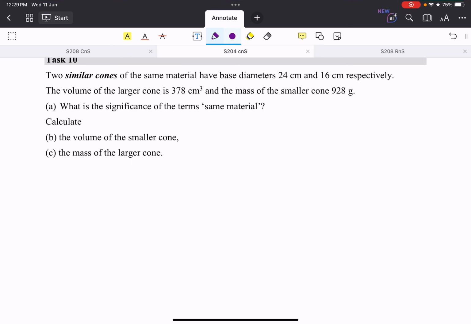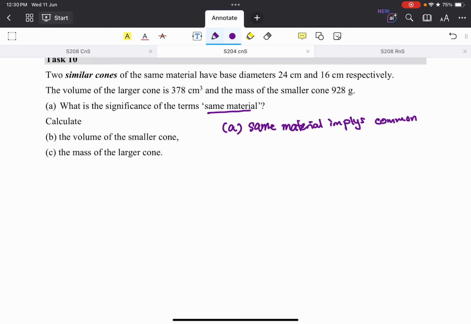This time round, we are given the base diameter. The volume of the larger cone is 378, and the mass is 928 grams. First of all, the question asks what is the significance of same material. Same material implies common density.